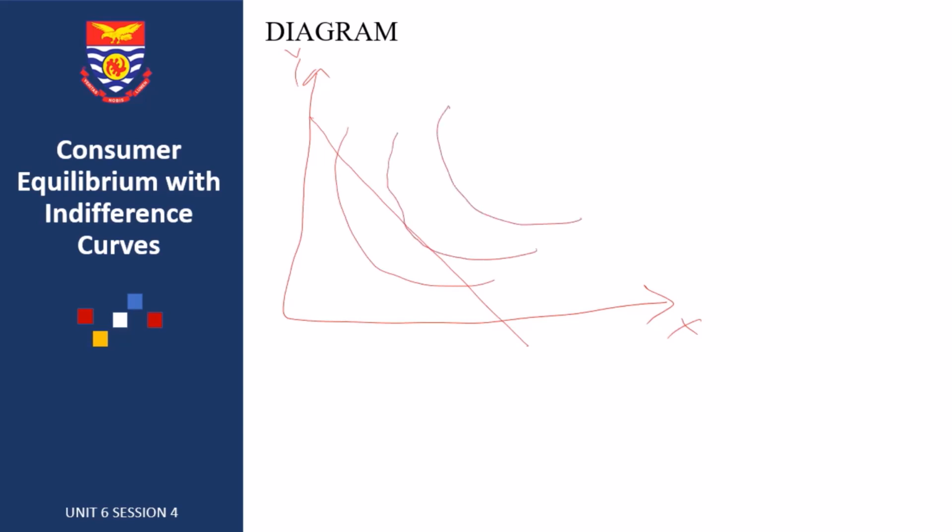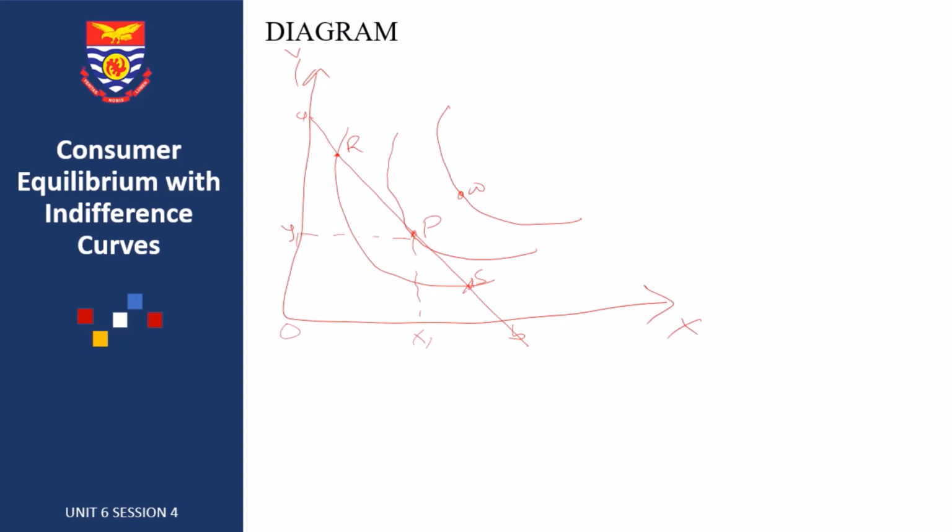Here I'm going to name W. Here I'll say this one will be P. Here I will say R. Here I will say S. And I'll name this B as we already named the other one A. So A here, for the equilibrium where the indifference curve touches the budget line. We have Y1, we have X1. We have our origin. Now let's talk to the diagram.